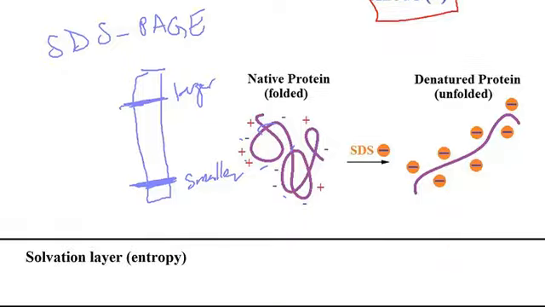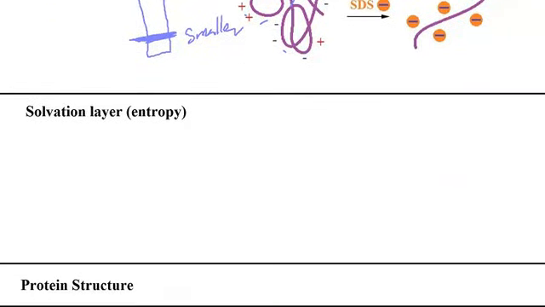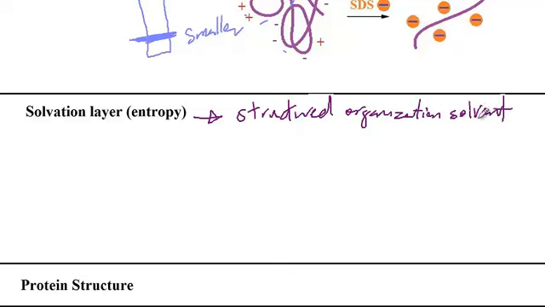The next concept that I would like to discuss with you is the solvation layer, or entropy. Basically the solvation layer is referred to as the structured organization of a solvent, like for instance water, that surrounds a solute molecule, like for instance a protein.